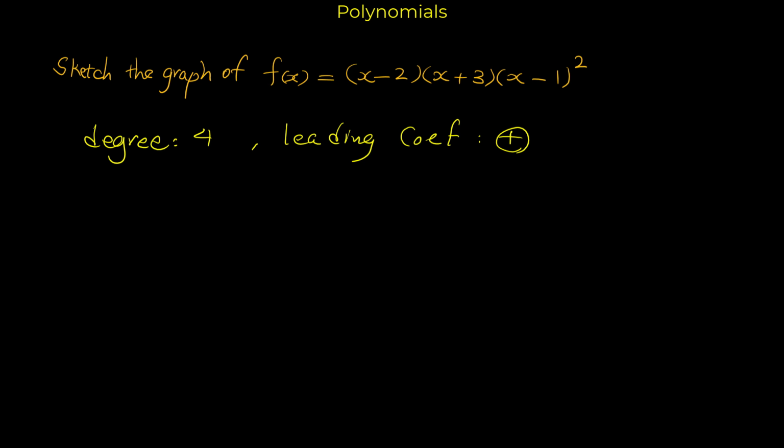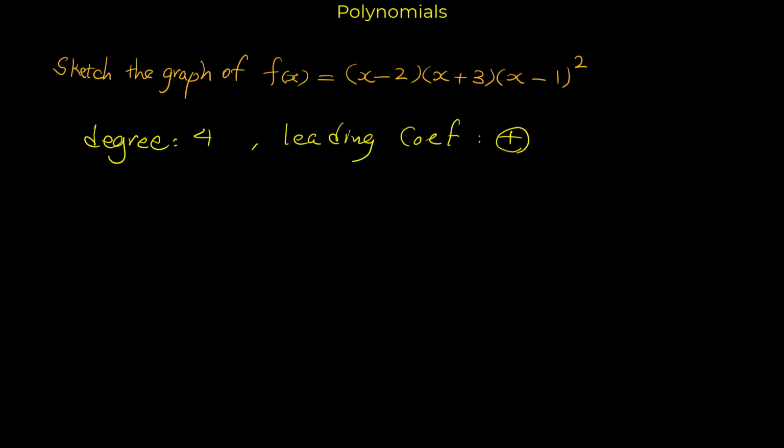Even degree, same direction. So the two ends are going up because the leading coefficient is positive. The only thing that we need to find before graphing the function are the zeros, or the roots, or x-intercepts. Zeros, roots, x-intercepts, all of these are the same thing, same numbers.